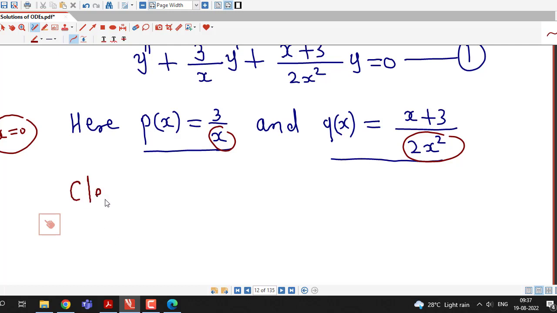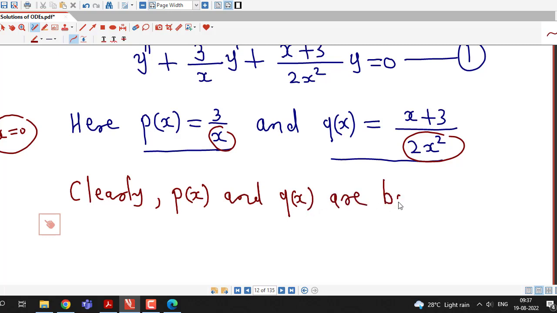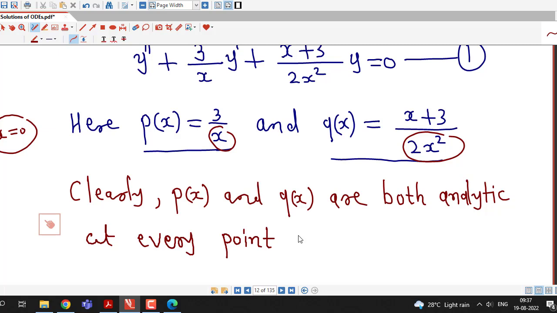So we can write that clearly: p(x) and q(x) are both analytic at every point x which is different from 0.